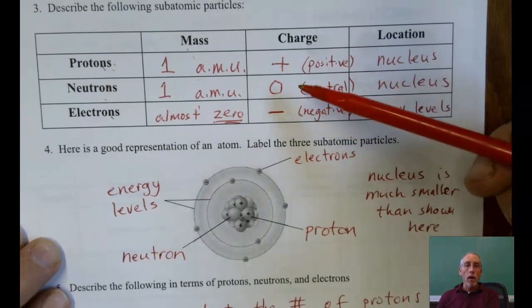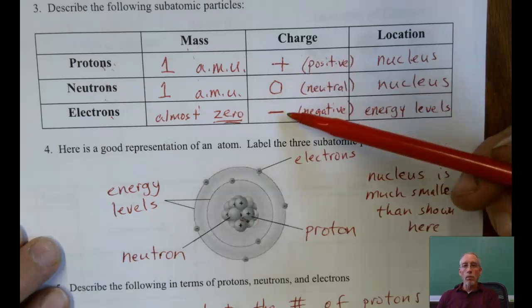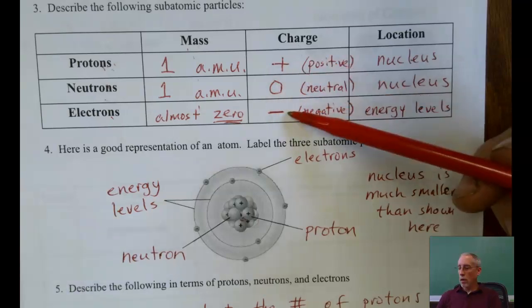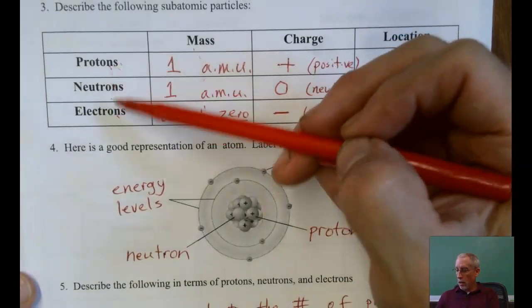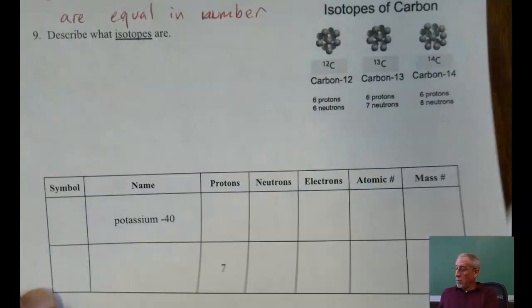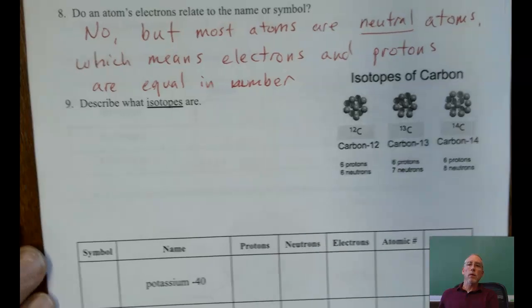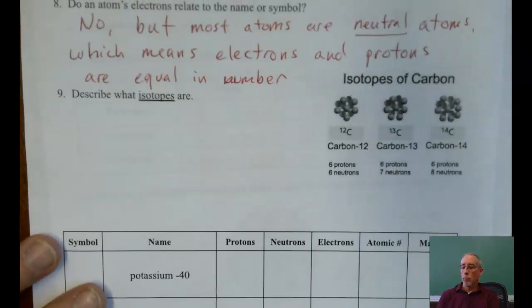Okay? The number of neutrons makes no difference here because they don't have charge. But when we balance out the pluses and the minuses, we call that neutral. And that's why protons and electrons are equal in a neutral atom. All right? There are times where you can have more of one than the other, but we're not going to be dealing with that for a while.